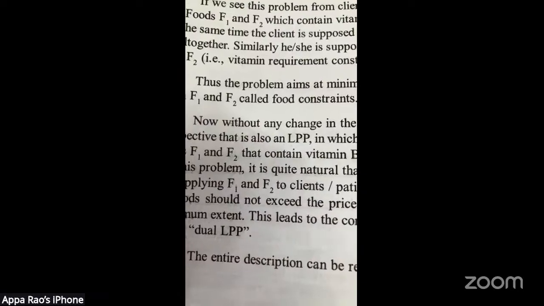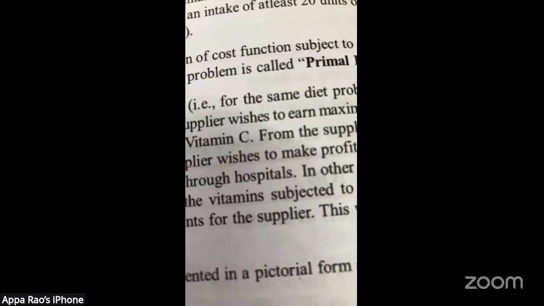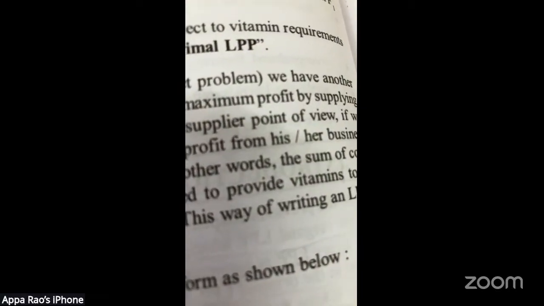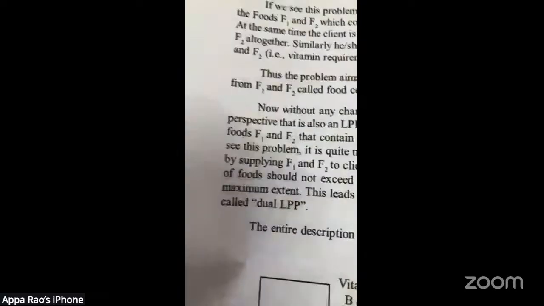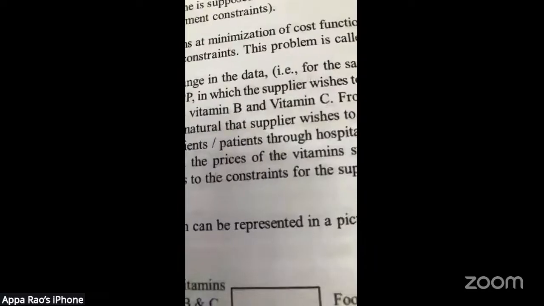Thus the problem aims at minimization of a cost function subject to vitamin requirements from F1 and F2, called food constraints.